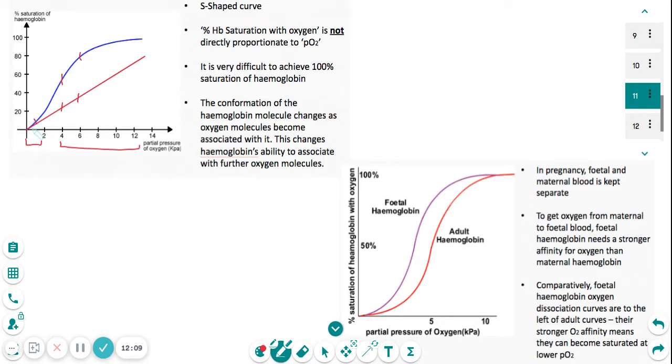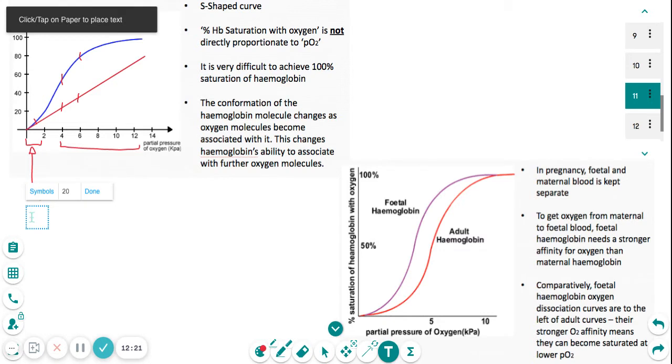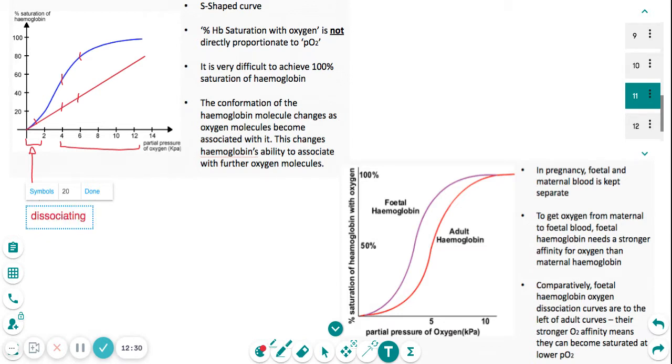We can see that it's not doing a good job at associating. You might think that's a bad thing, but that's actually a good thing. Because what's happening then, if it's not associating, the hemoglobin is dissociating, letting go of oxygen.